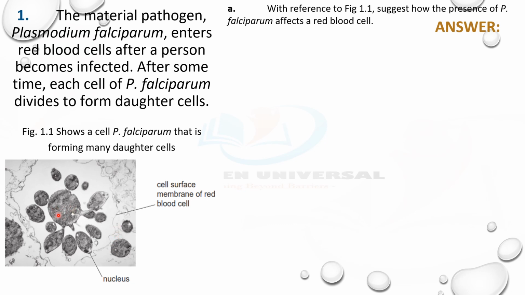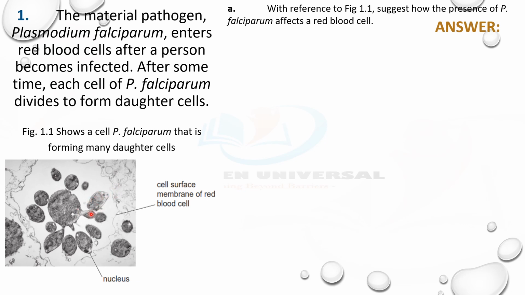Number two, secondly, you can see that the Plasmodium parasite, okay, divides and then causes the red blood cell to expand and then burst. So it causes the red blood cell to burst. That's another effect, how it affects the red blood cell. So red blood cells will burst, okay, and when they burst, the other effect that follows is that it will release hemoglobin, okay?